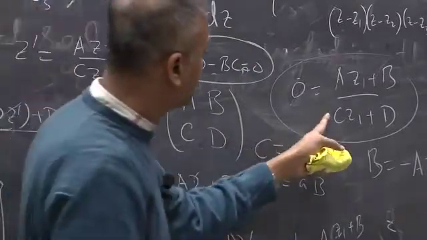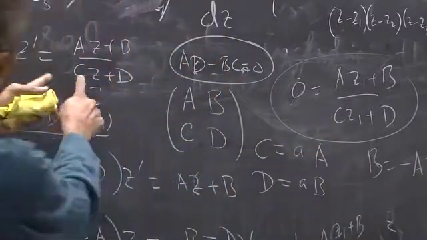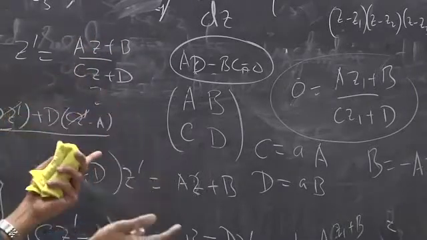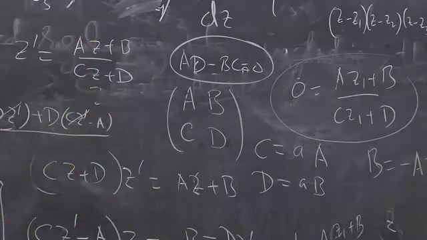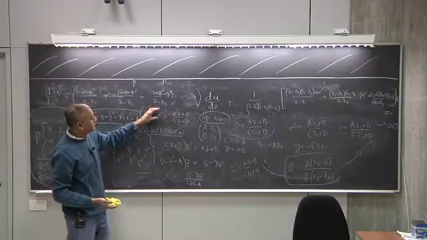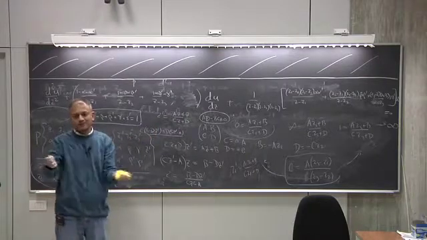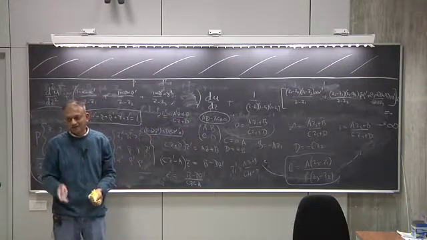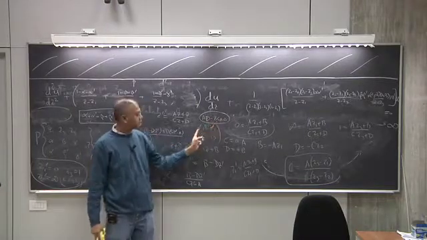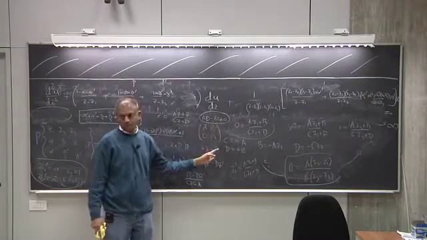Once you substitute that in this transformation, this whole thing cancels and you just get 1 over little a. But that is a singular transformation because Z prime is just a constant. It's not a map. So you have to avoid that. You cannot allow this. This determinant must be non-zero.